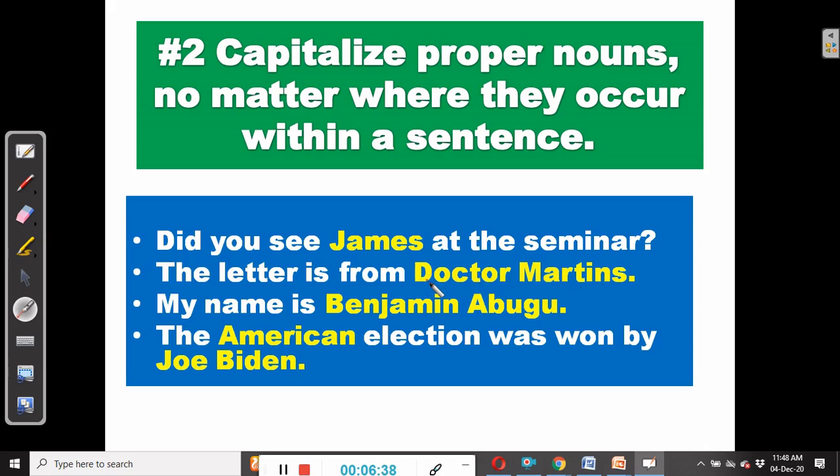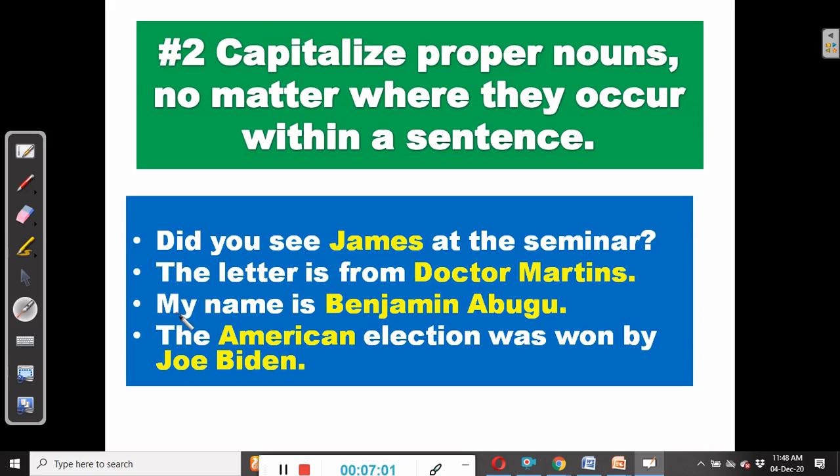Doctor starts with capital letter D, Martins starts with capital letter M. Of course, we have seen that James in our previous example begins with the capital letter J. That is how proper nouns are written, whether they occur at the beginning, middle, or ending of a sentence.